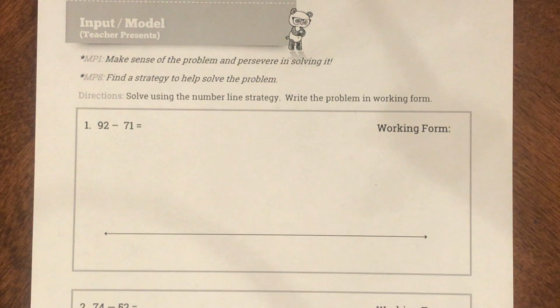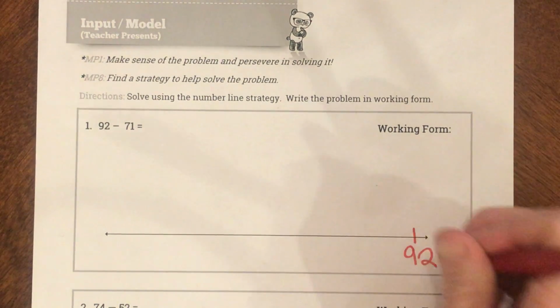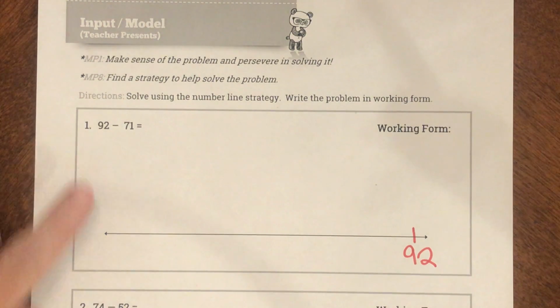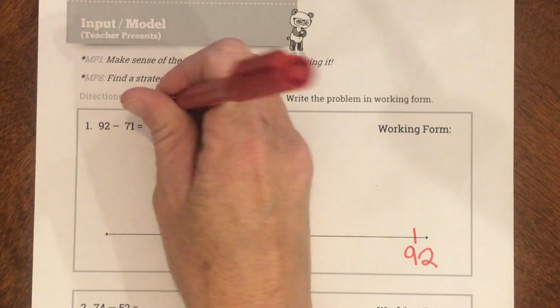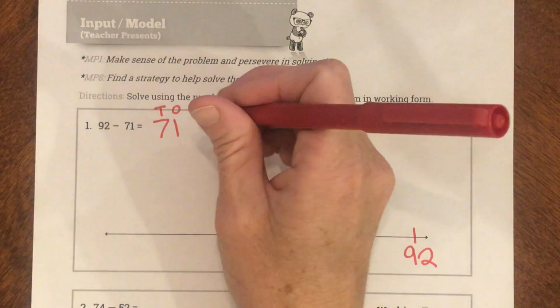Okay, so my minuend is 92, so I'm going to put that at the end of my number line. And then my subtrahend is 71. So 71 has 1 one and 7 tens. So I'm going to decompose the 71.